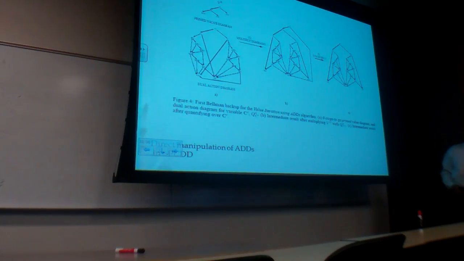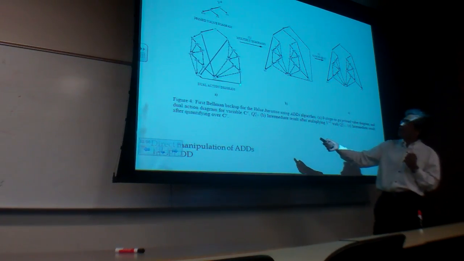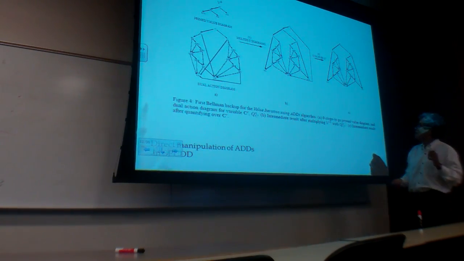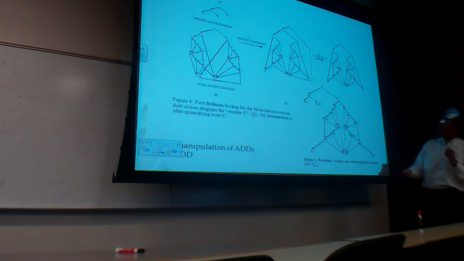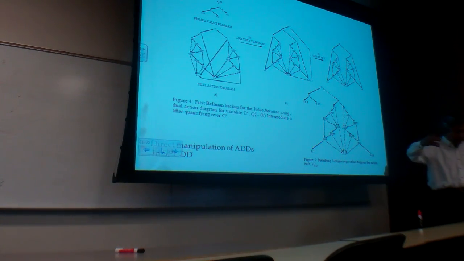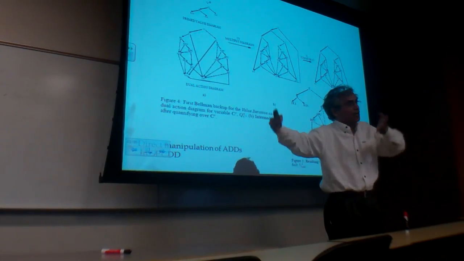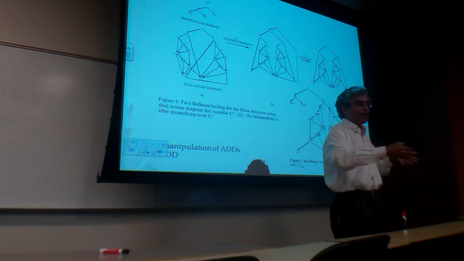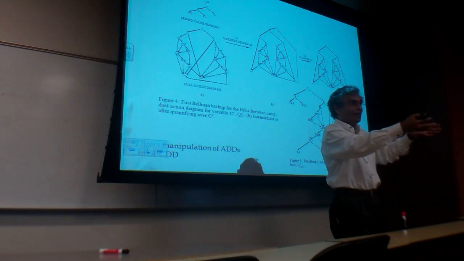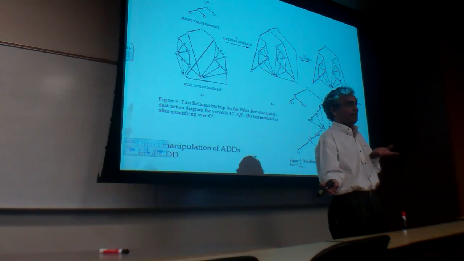You combine these to go from the Bellman update, which is in terms of rewards and the actions and the current value function. The current value function is an ADD. The reward function is an ADD. The action outcomes are ADDs because they're CPTs.